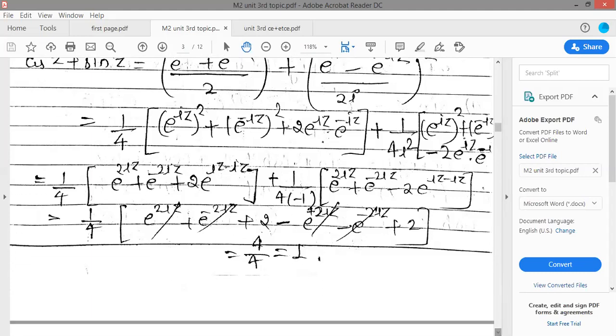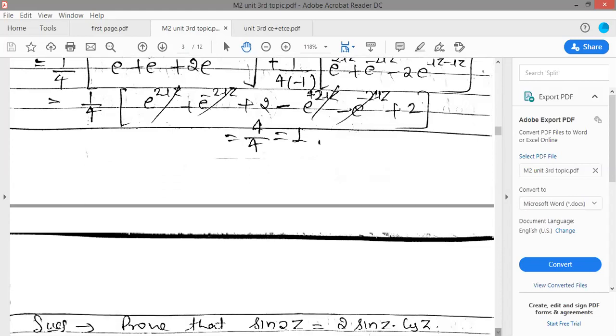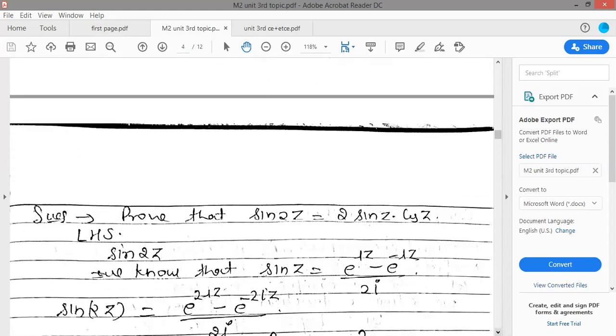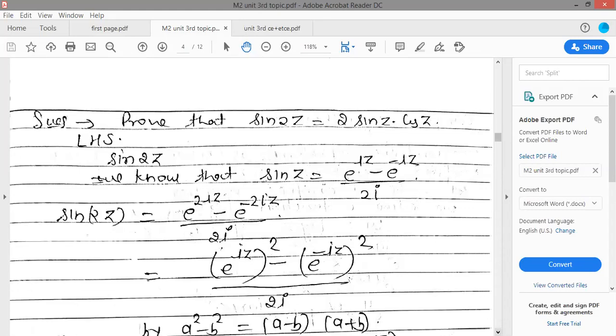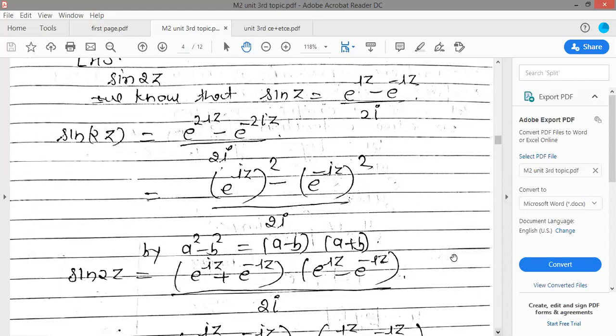So we can use our six formulas and prove all these formulas, such as sin 2z is equal to 2 sin z into cos z. We know sin z is e to the power iz minus e to the power minus iz upon 2i. So for sin 2z, z is replaced by 2z: e to the power 2iz minus e to the power minus 2iz upon 2i. We can write e to the power 2iz as (e to the power iz) whole square, because of power to power multiplication, and minus (e to the power minus iz) whole square upon 2i.